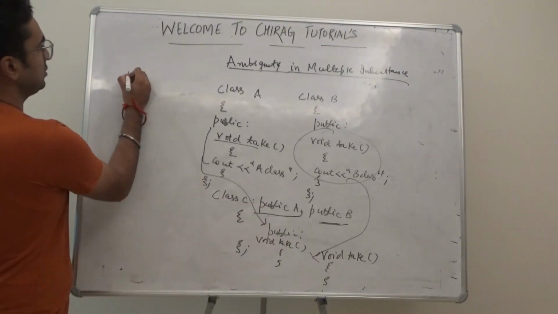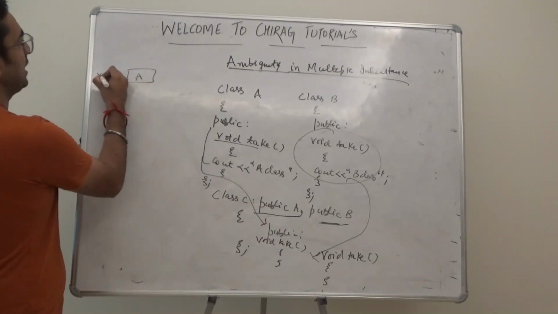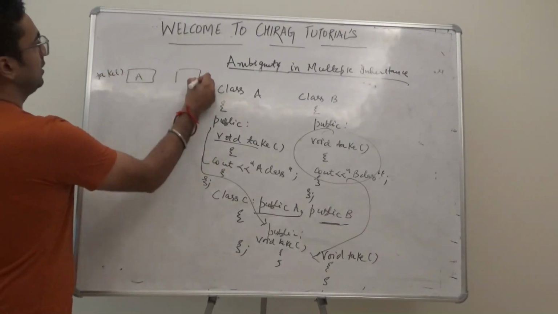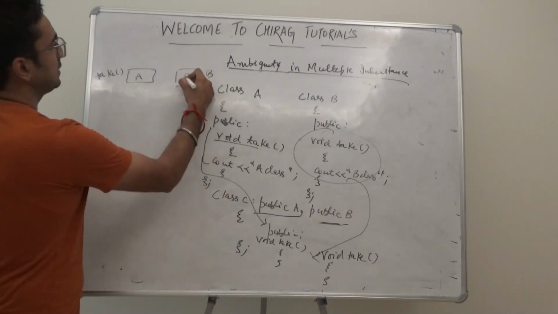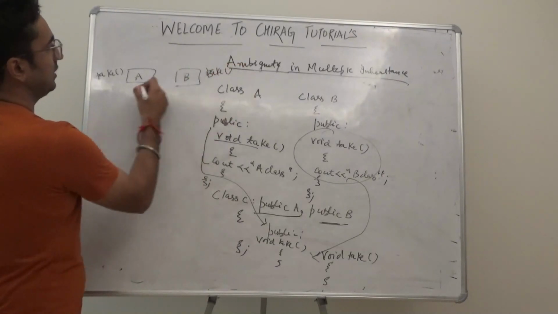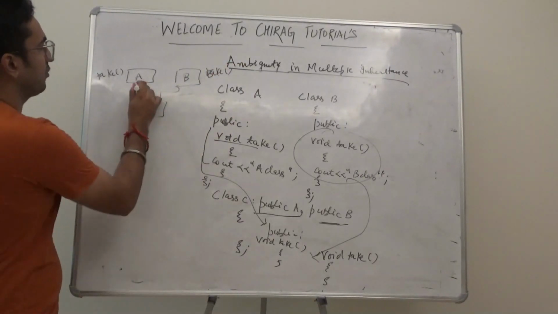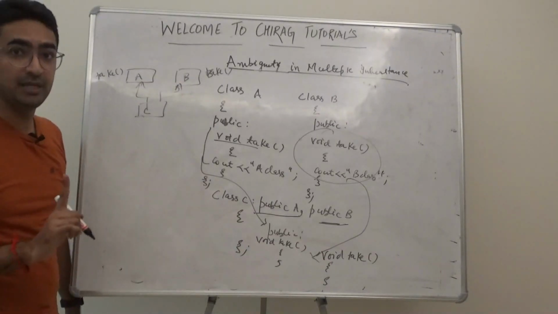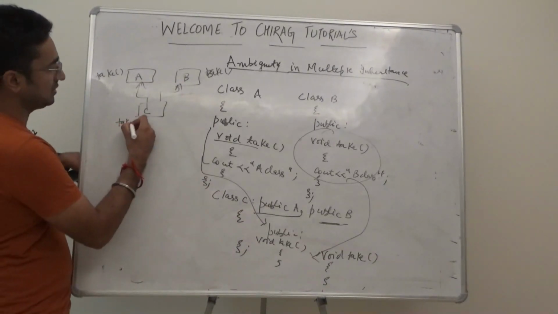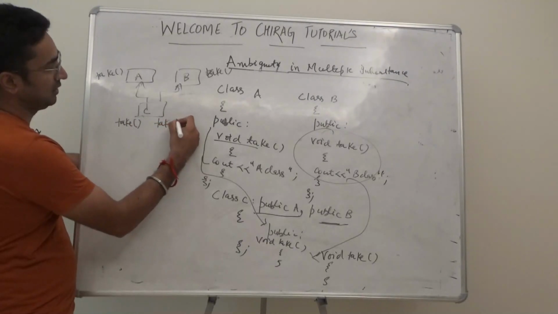It means this is a situation where A class has take function, B class has another take function and class C is inheriting from class A and class B. It means class C has two take functions to call.